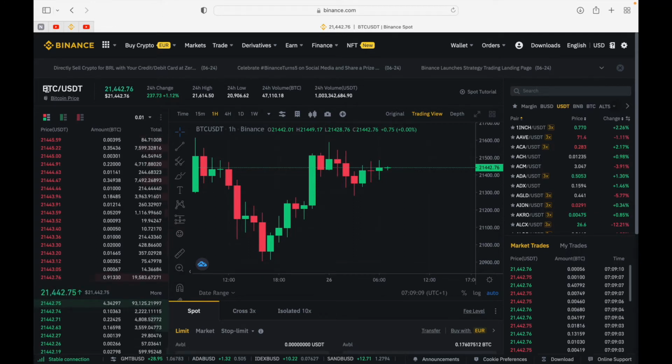BTC here is the base currency, where USDT is the quote currency. For those of us that have done Forex and have knowledge about Forex, you know when we mention base and quote currencies. So BTC is the base coin, USDT is the quote coin.